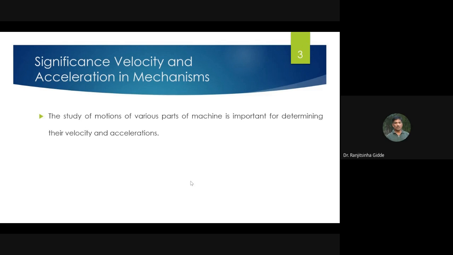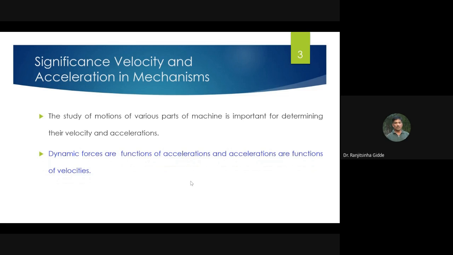So whatever components we have represented with the help of line diagram, as seen in the 4-bar chain mechanism or 4-link mechanism, that represents motion of various parts of the machine, and we need to determine their velocity and the acceleration. For that reason, we require to study velocity and acceleration in the mechanism.